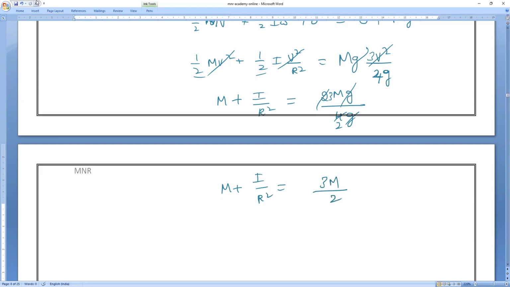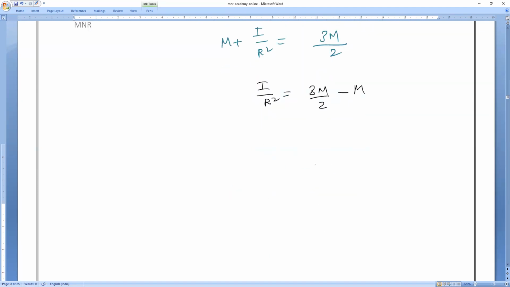Okay, Pradosh? Clear? Now m will come this side. So I divided by r square is equals to 3m by 2 minus m. So what is remaining? Verify it, everybody. 3m minus 2m divided by 2, which is equals to I divided by r square, which is equals to m divided by 2. I is equals to m r square by 2.